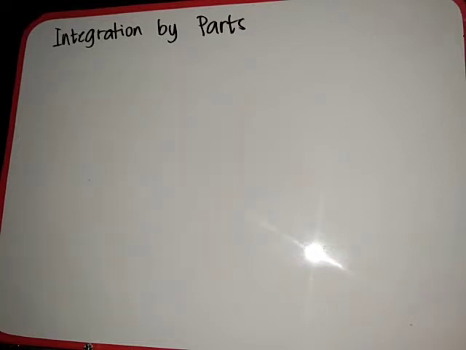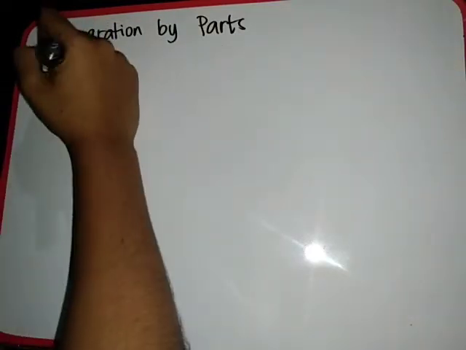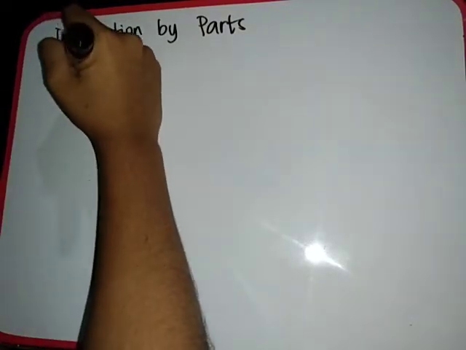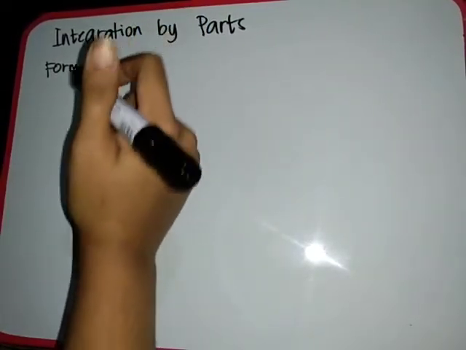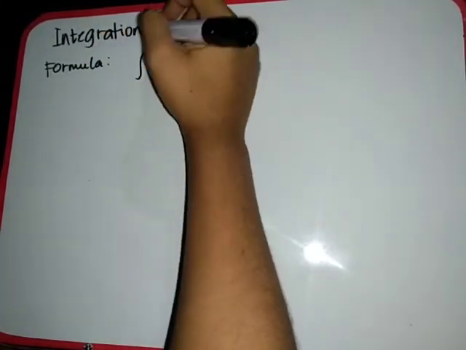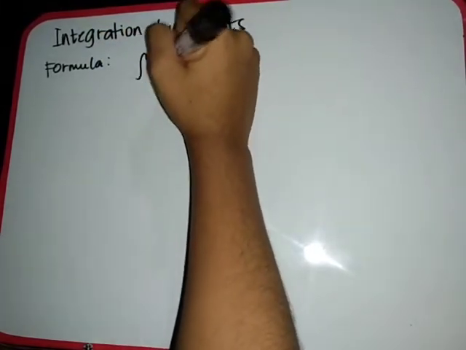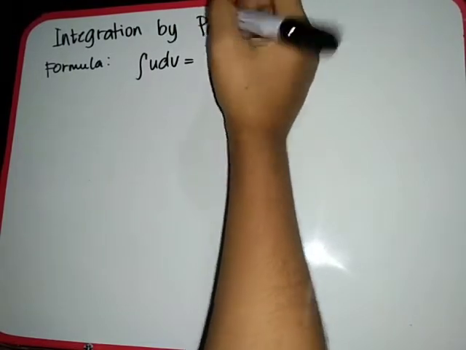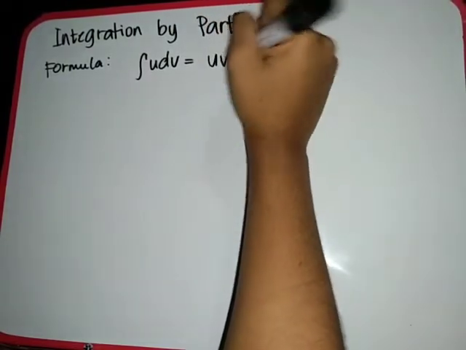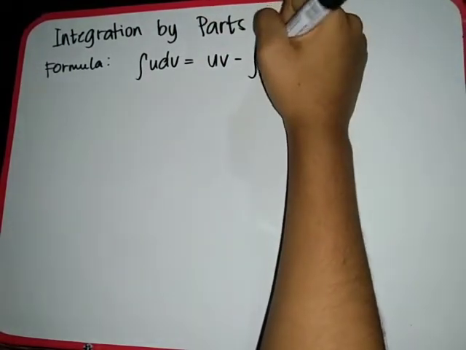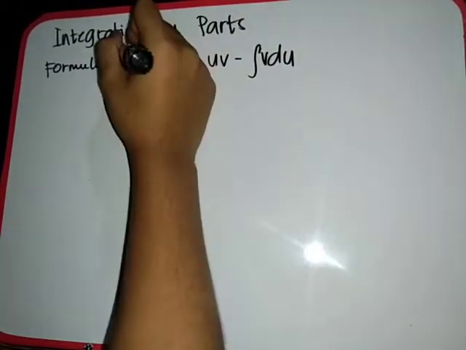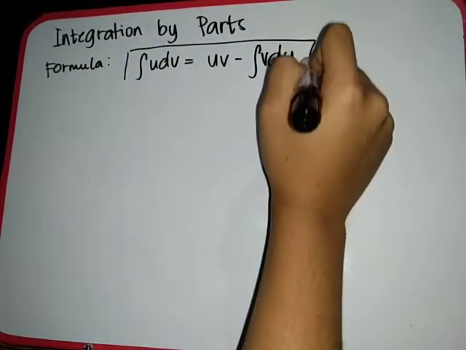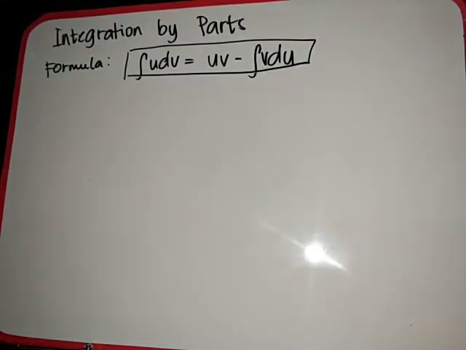So we have the formula: the integral of u dv is equal to uv minus the integral of v du. So don't forget that formula.